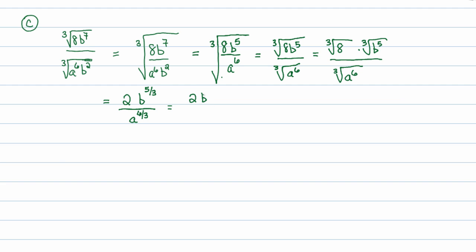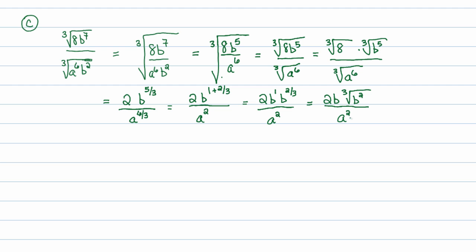B to the, well, 3 goes into 5 once with a remainder of 2. And then downstairs, 3 goes into 6 twice. So this is going to be 2b to the first times b to the 2/3 over a to the second. Or in other words, 2b times the cube root of b squared over a squared.